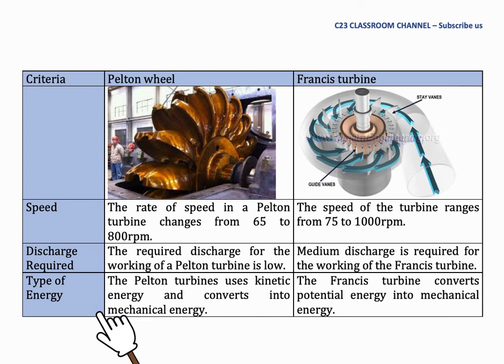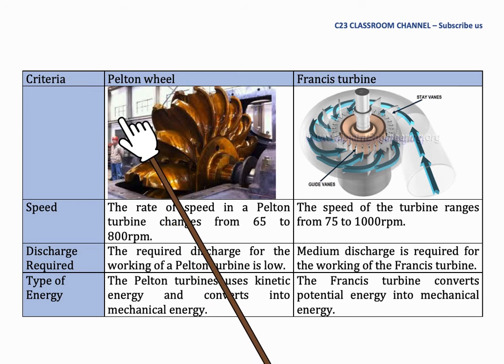Type of energy. The Pelton turbine uses kinetic energy and converts it into mechanical energy. However, the Francis turbine converts potential energy into mechanical energy. So why do we say the Pelton turbine here uses kinetic energy?